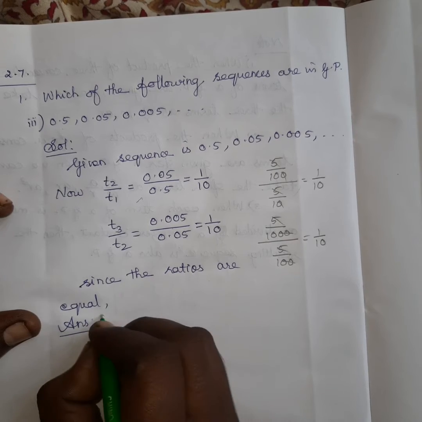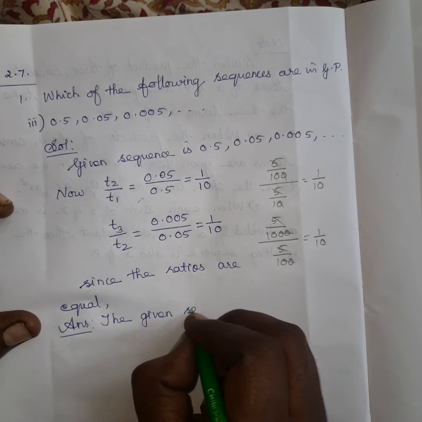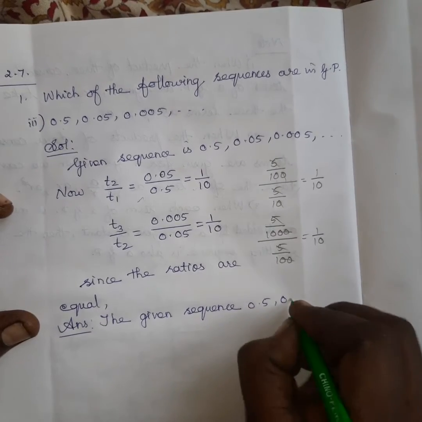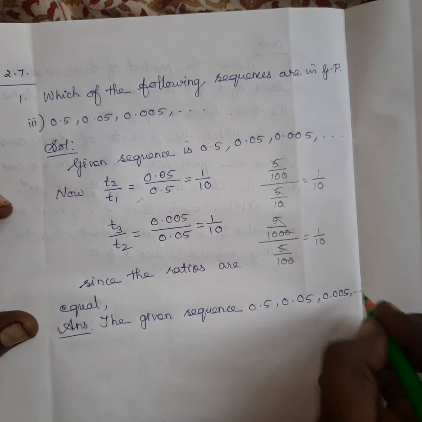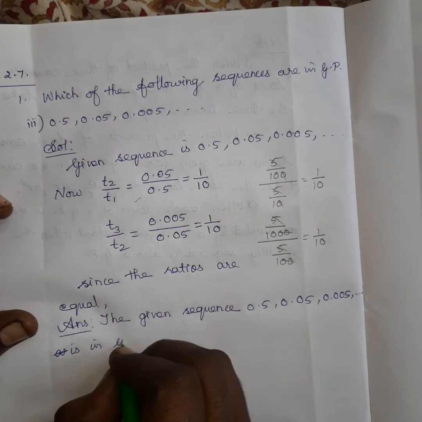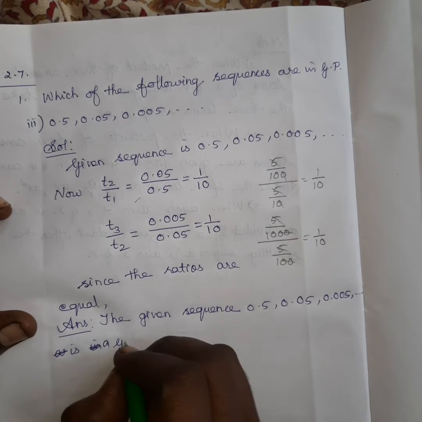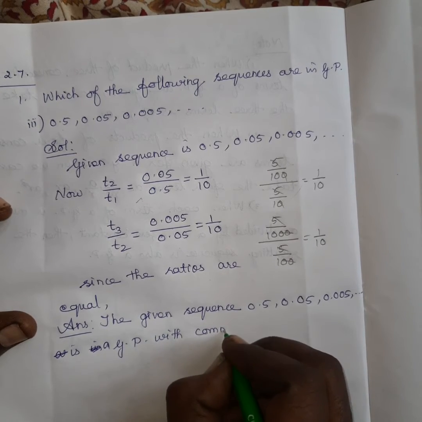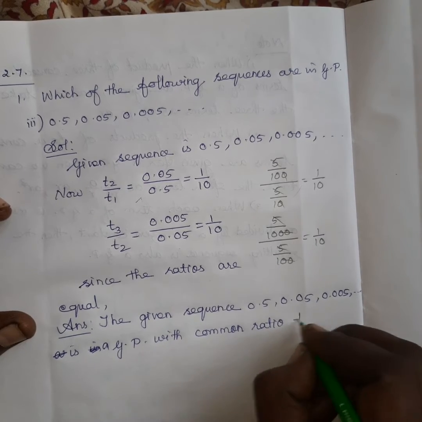So we can write: since the ratios are equal, answer: the given sequence 0.5, 0.05, 0.005, etc. is a GP with common ratio 1 by 10.